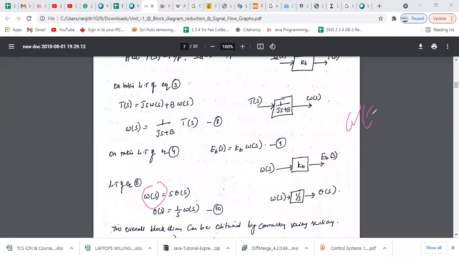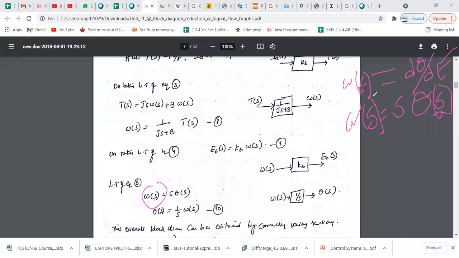And here we know omega of s, what is it? Angular velocity. So we write it as s into theta of s, isn't it? Omega of t equal to d theta by dt. Angular velocity is this, in the time domain.